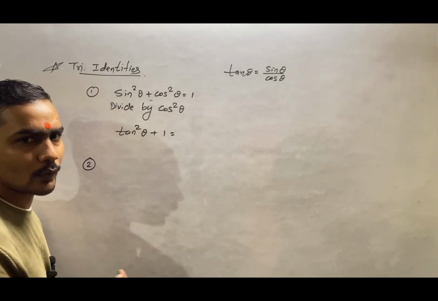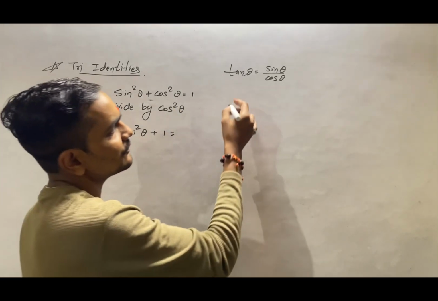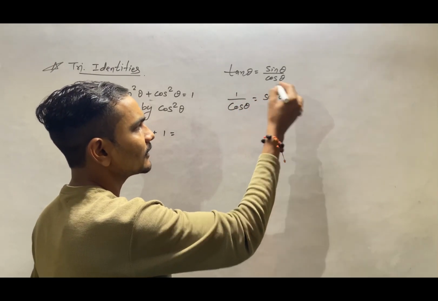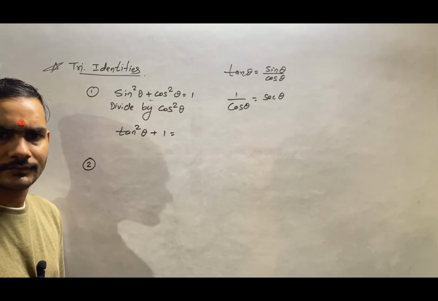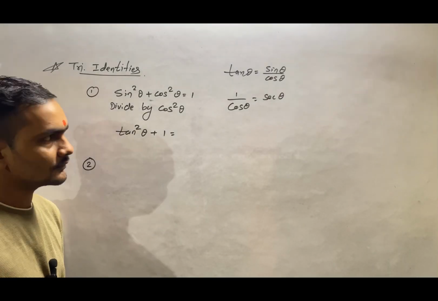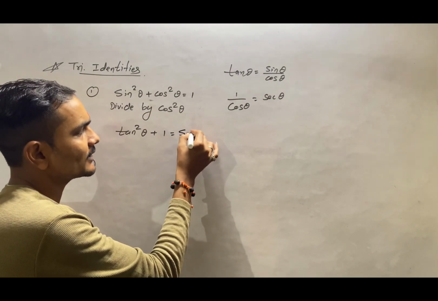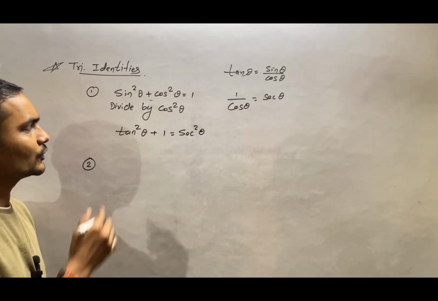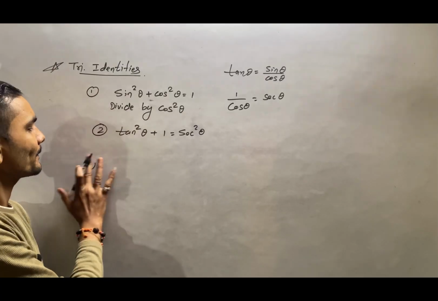And in the RHS, 1 over cos square theta; as we know 1 over cos theta equals sec theta. So we can say that this is sec square theta. So this is our second identity.